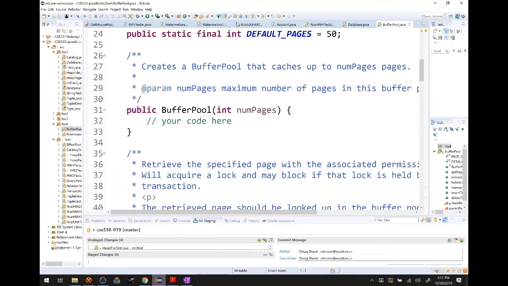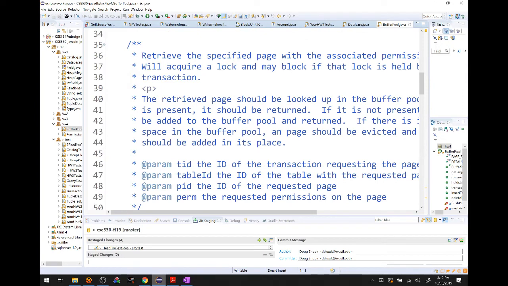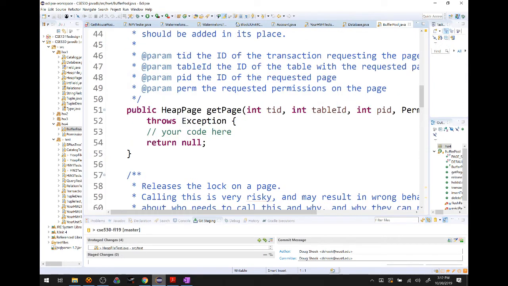The constructor tells you how many pages the buffer pool can store, right? The default being 50, so I can have 50 pages in memory at any given point in time. In practice, we would adjust how many pages can fit based on how much memory we have available. 50 is a small enough number that it should not strain anybody's computer too much, hopefully.